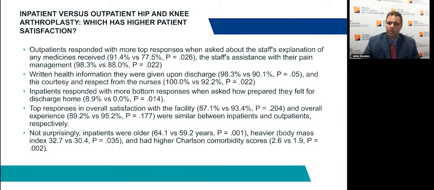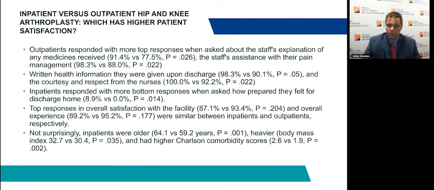Written health information, they typically are more satisfied in because it's directly specific to the physician instead of a group information packet, typically for numerous surgeons. Inpatients will typically have more lower responses compared to the outpatients on how prepared they felt when they were discharged home.